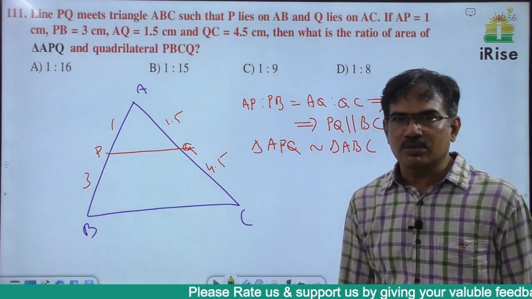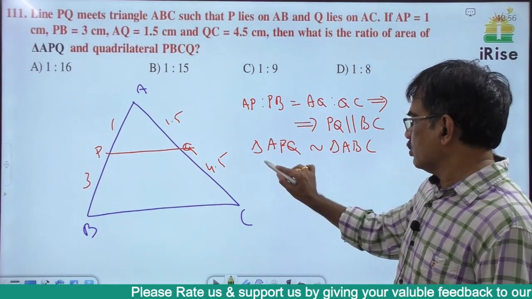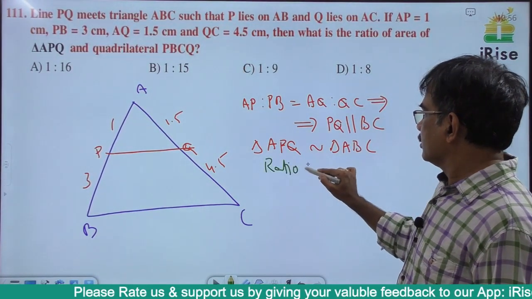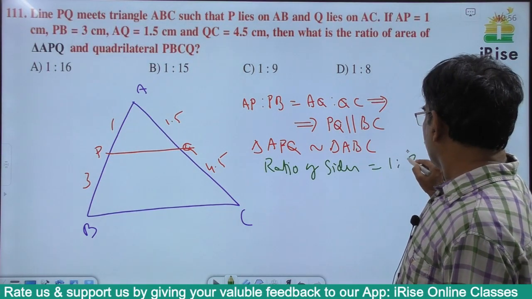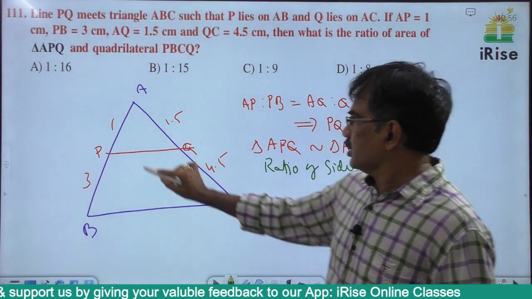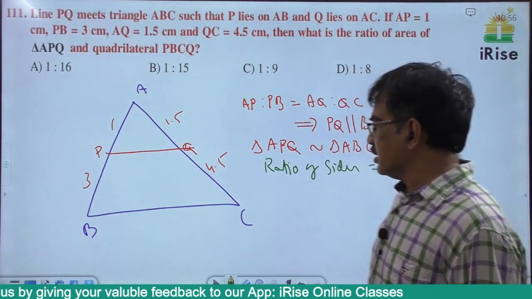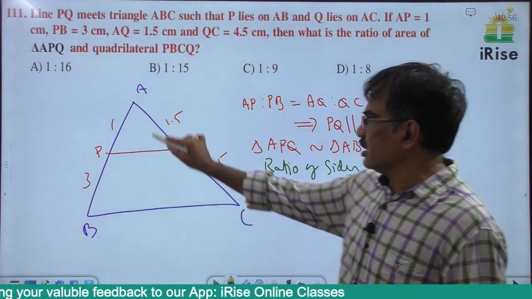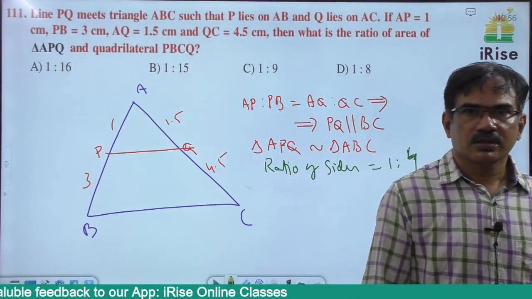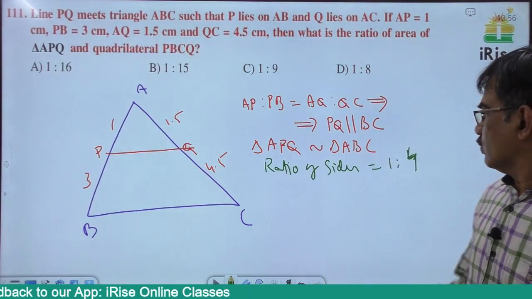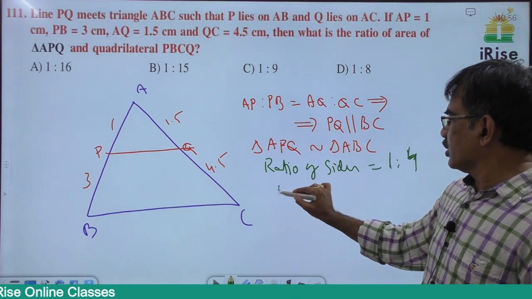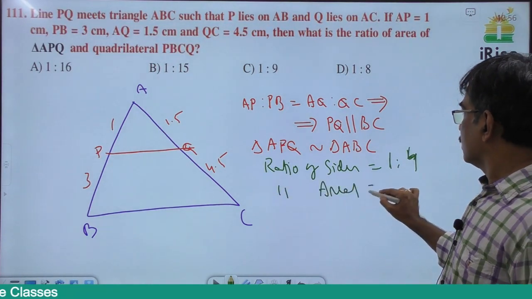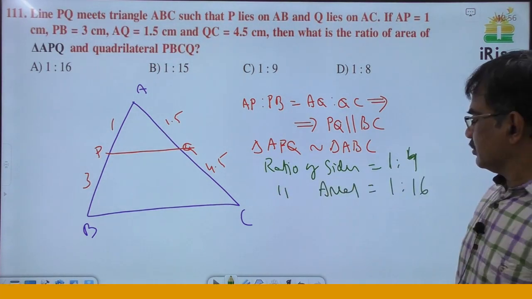If triangles are similar, then already you know what about the ratio of sides? 1:4. If this is one part, the rest is 3 parts, so the big triangle side is 4 parts. The ratio of sides is equal to 1:4. If the ratio of sides is 1:4, what about the ratio of areas? 1:16.